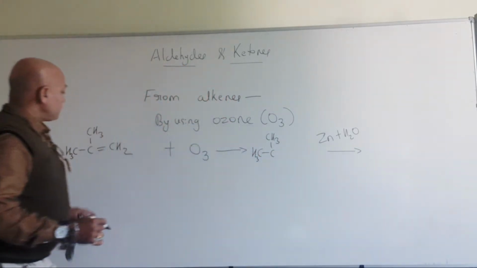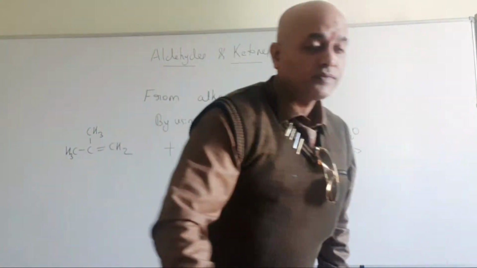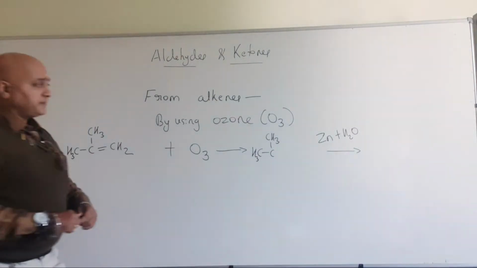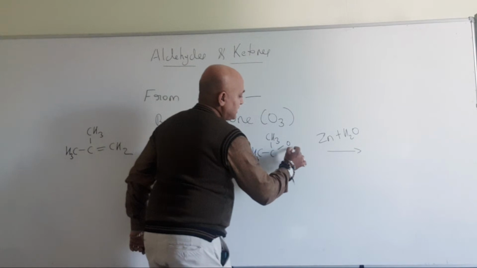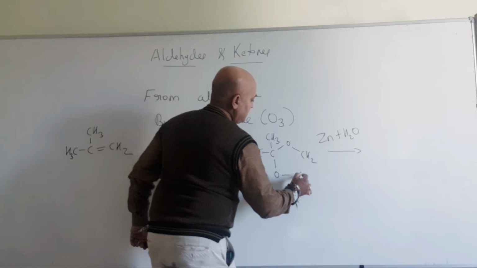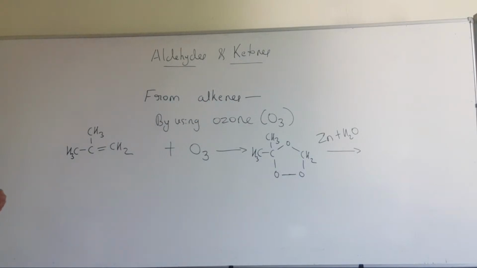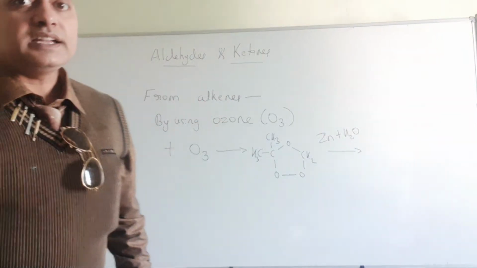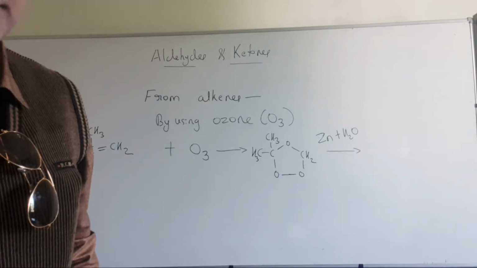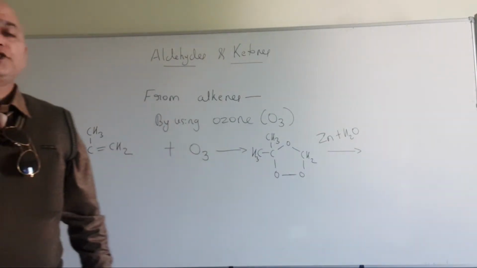Now, which are the two carbons involved in the formation of ozonoid? Once again, naturally, these two carbons. So that's where oxygen, then CH2, oxygen, oxygen, oxygen. That's where we have the ozonoid formation.